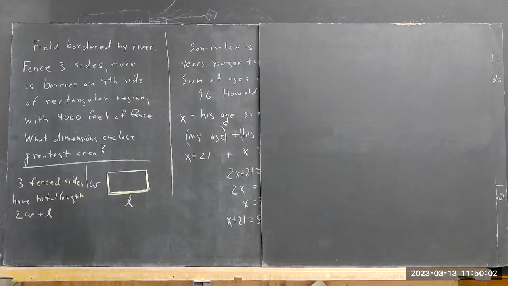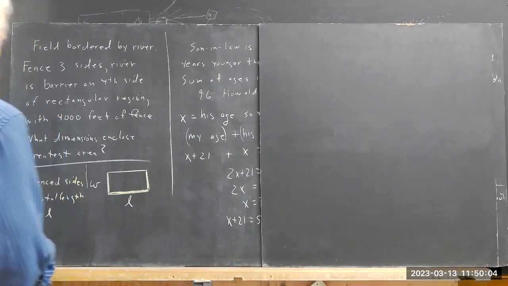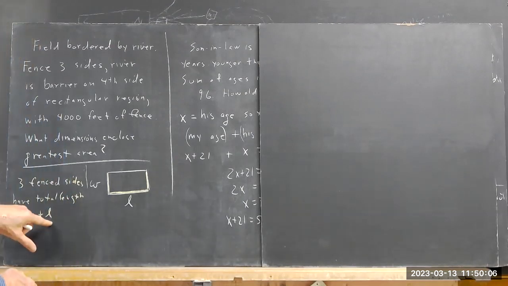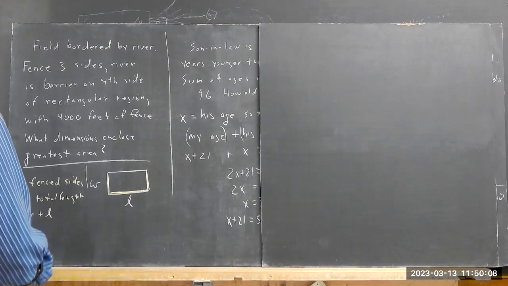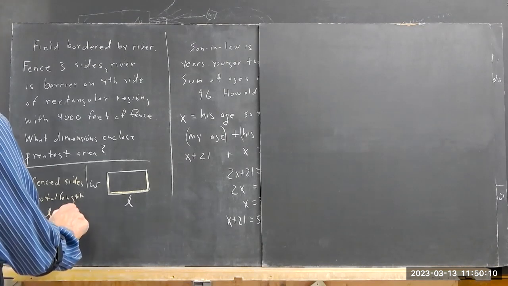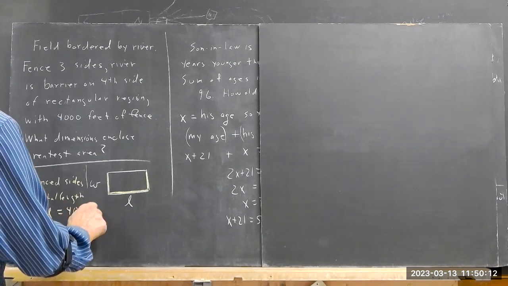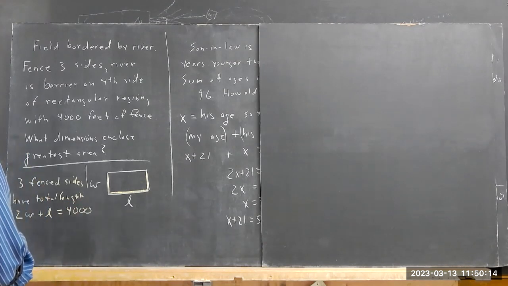We'll find out that it is, but let's see how it works. Okay, so we got 2W plus L, and that equals 4,000.